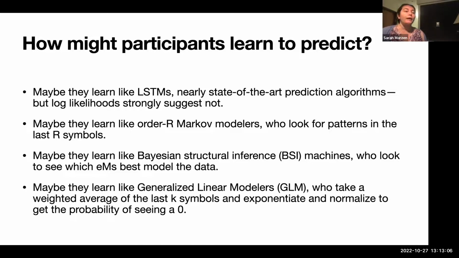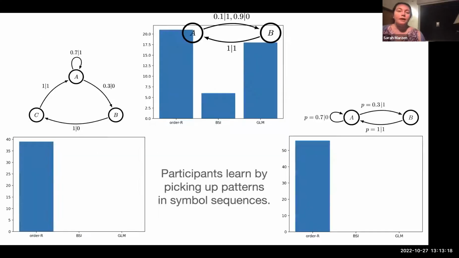And we had a very talented undergraduate who now works at the Federal Reserve come in and calculate log likelihoods of everything so that we could choose the most likely one of these for every participant, for every experiment. And what we found out was that when we had this task right here, all of the people were order R Markov modelers. So all of them are looking for patterns in R+1 symbols and using those to predict what happens next. Same thing for the even process.